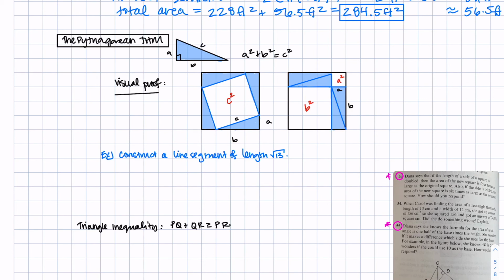There's a bunch of different ways we can prove this theorem, but what's really nice is there's a nice visual proof. So first off, in looking at this image and seeing how it's a proof, just notice I have two squares that are exactly the same size, right?